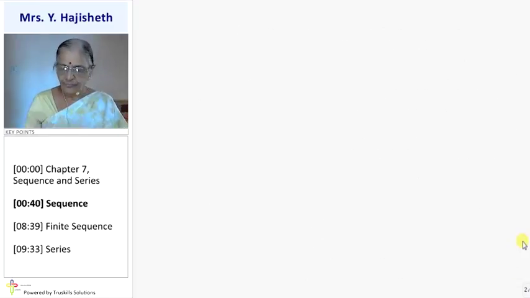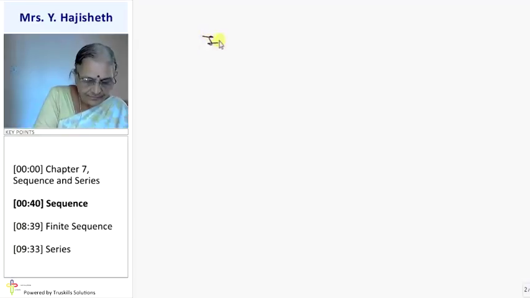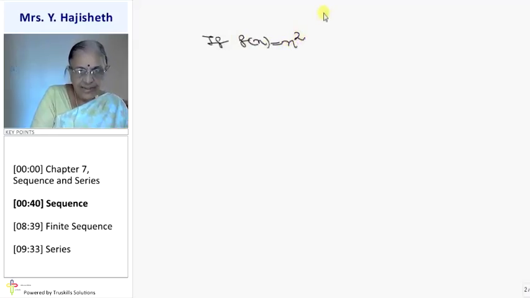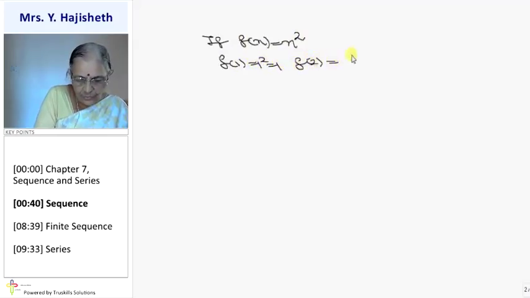Now, suppose f(n) is n square. The formula for f(n), or general term of the sequence, is n square. Then I can find f(1) as 1 square, that is 1. f(2) is 2 square, that is 4. f(3) is 3 square, and that is 9.